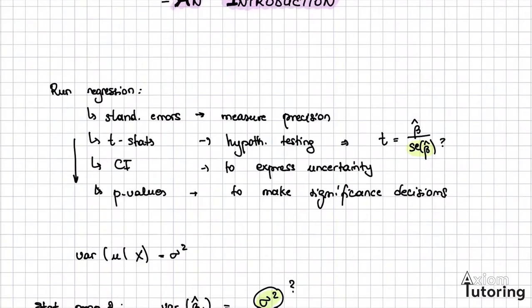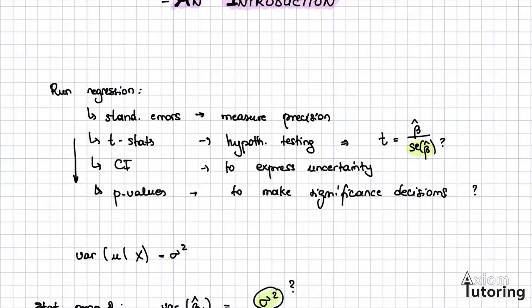P-values are constructed based on the t-value you have, so if the t-value was questionable to begin with, your p-value will also be questionable. And the confidence interval is constructed using the standard error, so again, we won't be able to rely on the expression of uncertainty that it gives us.